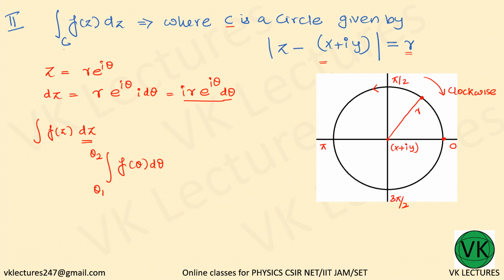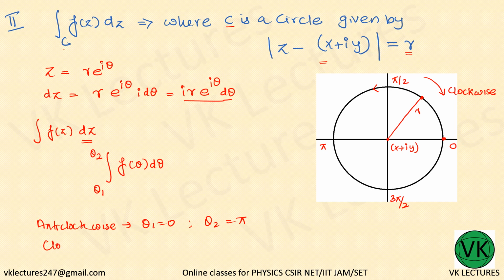So anti-clockwise direction means the theta 1. So if I write anti-clockwise, then the integration anti-clockwise from 0 to pi means theta 1 equal to 0 and theta 2 equal to pi.